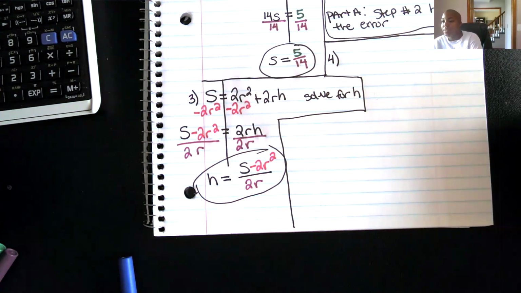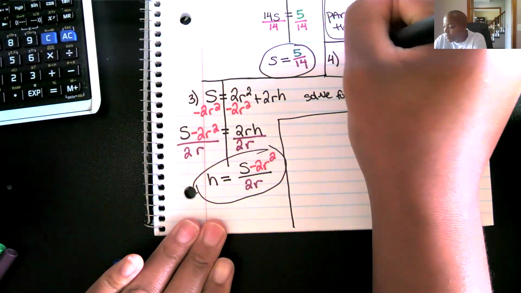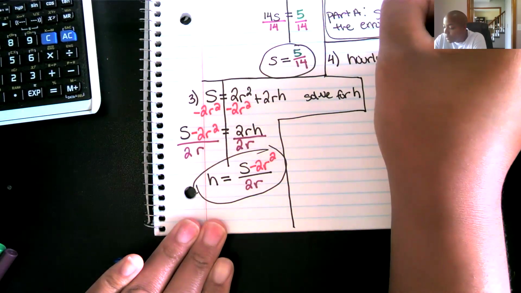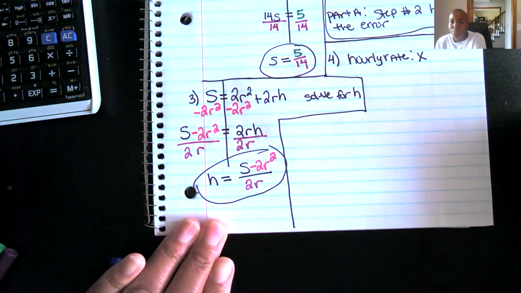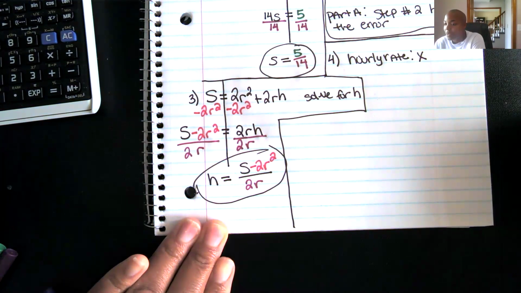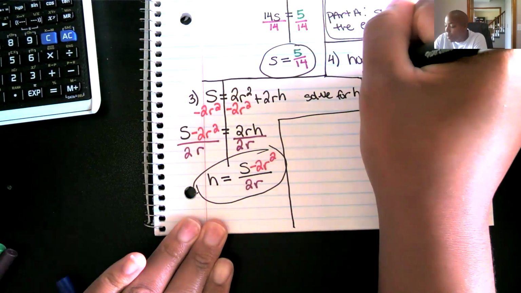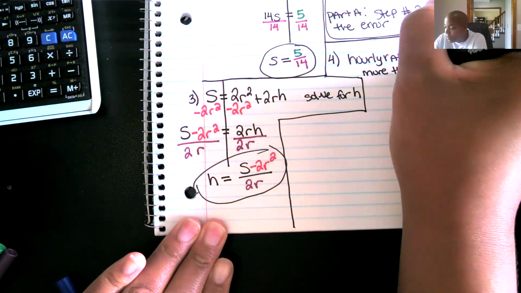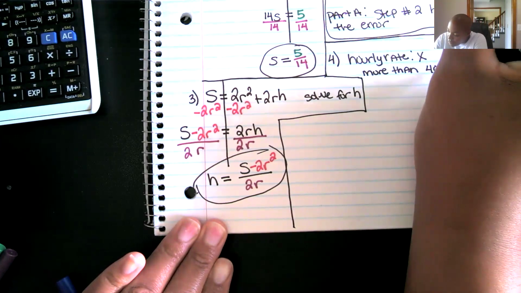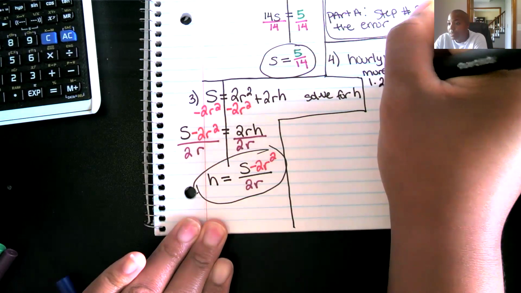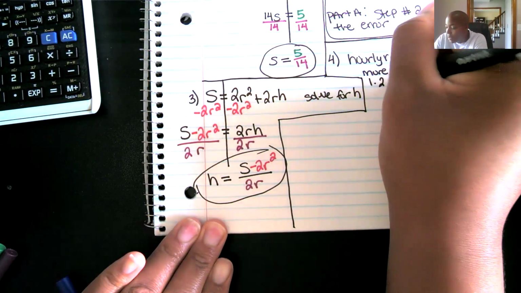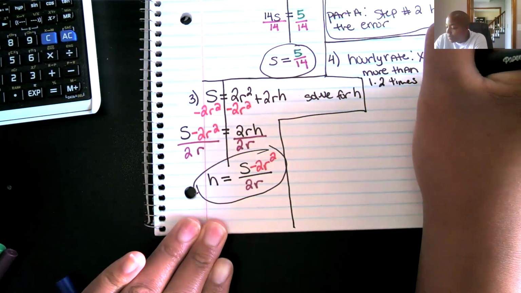Okay, so we don't know how much our hourly rate is. So that's our mystery. That's our variable. That's our unknown. We're going to use x to represent our hourly rate. We know if we work more than 40 hours, we get 1.2 times the hourly rate.